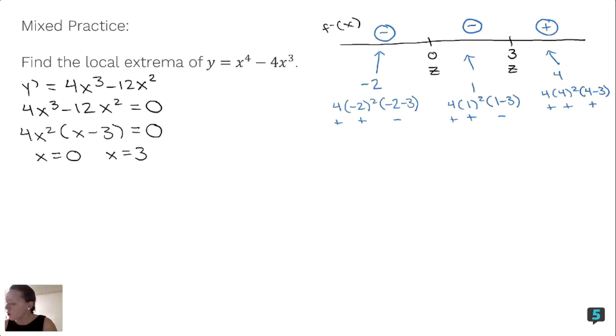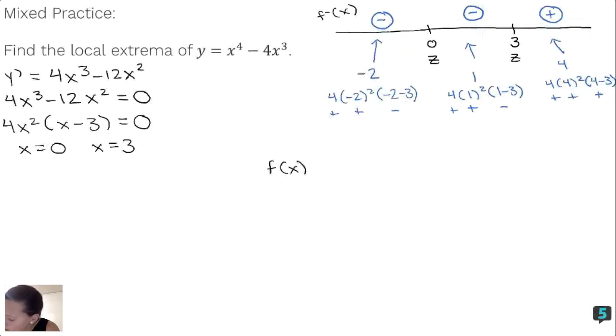So where would I have a relative minimum for this particular function? Sounds good. So f of x has a relative minimum at x equals 3.